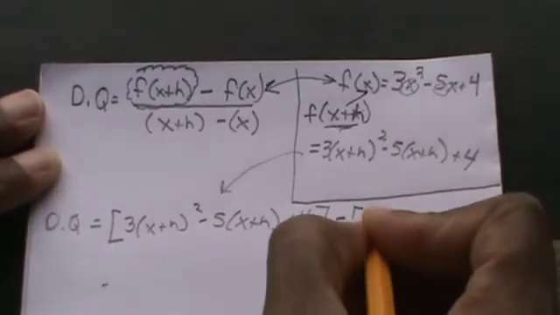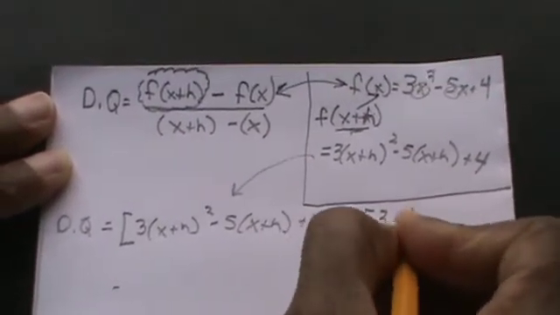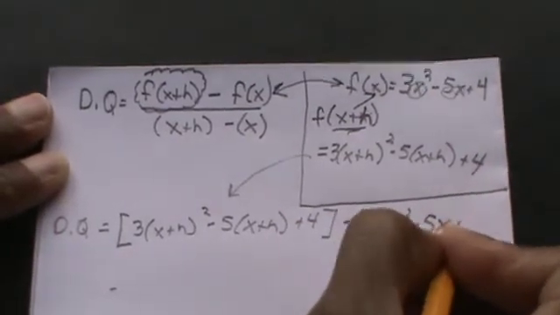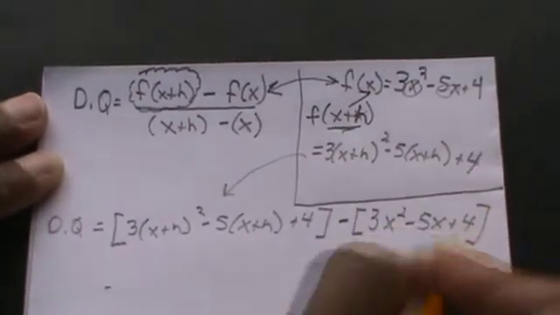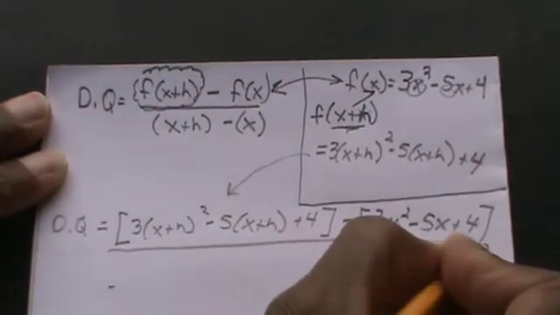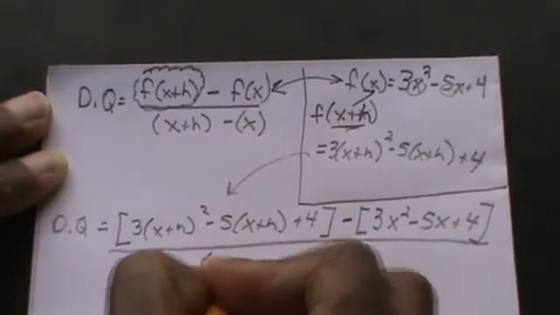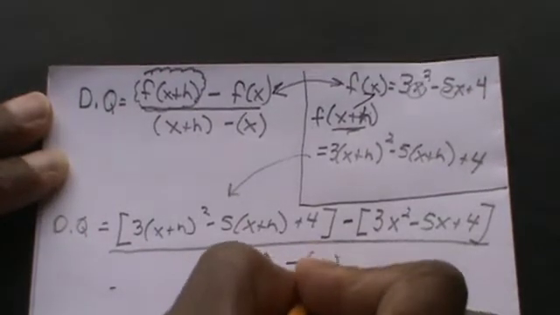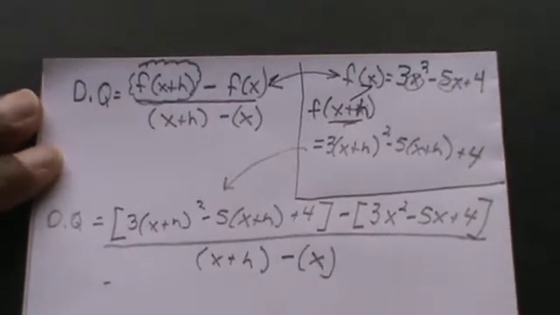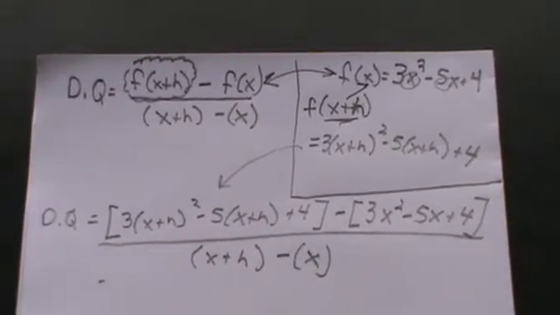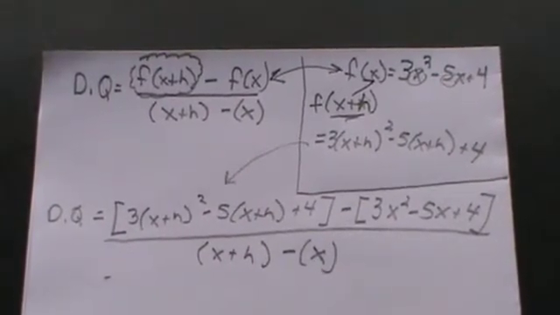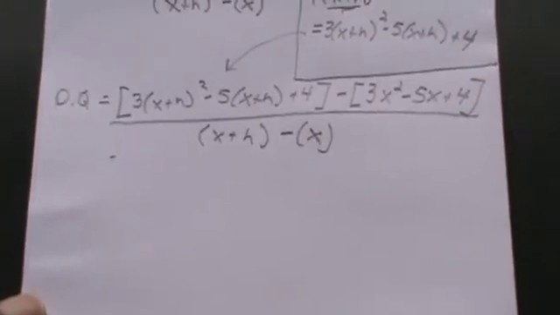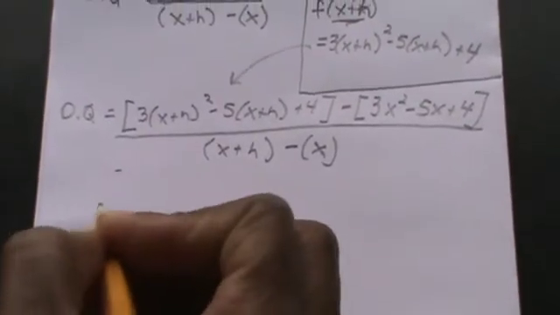So big brackets here so that we don't forget to distribute the negative or the subtraction that's there. Divided by x plus h minus x. Alright, so it's really good to be at this point where we have the substitution done. Alright, so our goal then is to simplify this expression.